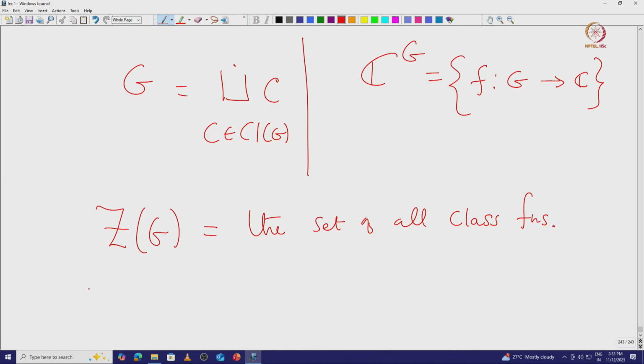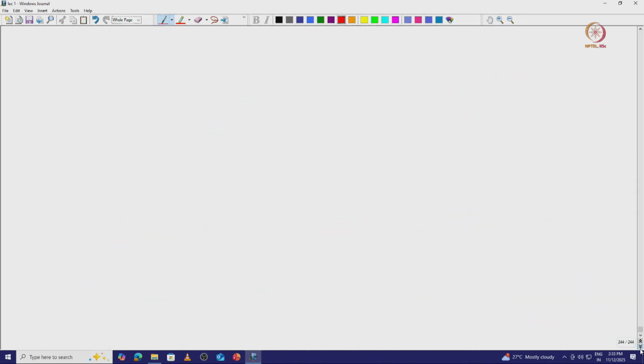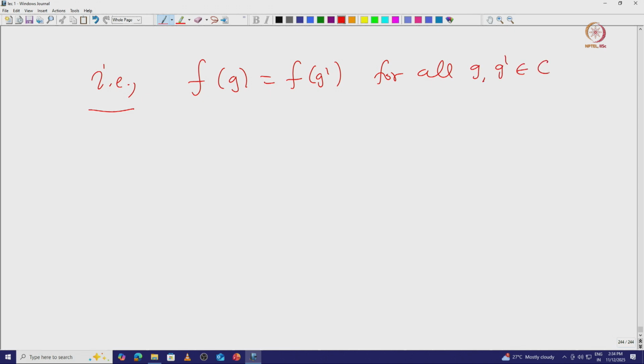So, what is a class function? f in C[G] is called a class function if it satisfies the property that we mentioned before, that is, f(g) is the same as f(h g h inverse) for all g, h in G. So, f is constant on a given conjugacy class, that is, f(g) equals f(g dash) for all g, g dash in C and for all C in CL(G).